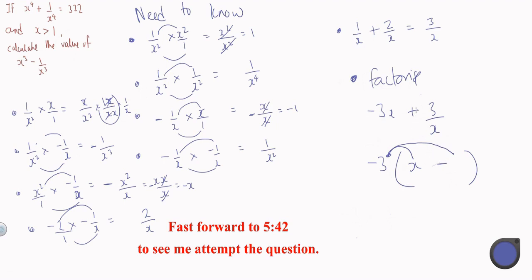Because two negatives will give me the positive, and that will be 1 over x. Now, if you think about it, negative 3 times negative 1 over x, you can turn that into a fraction to help you. The outcome will be positive because when you multiply two negatives together, you get a positive. That will be 3 over x, which is what I've got over here.